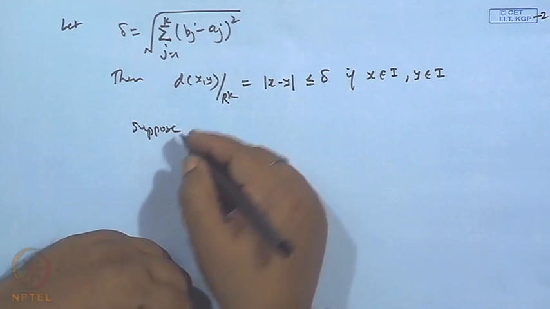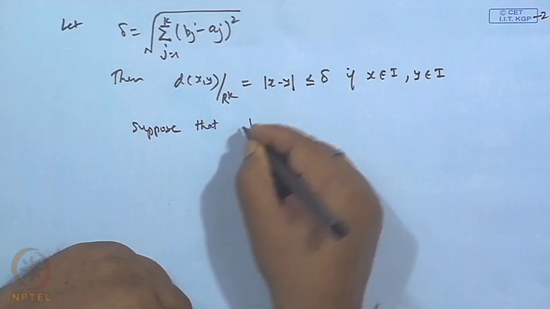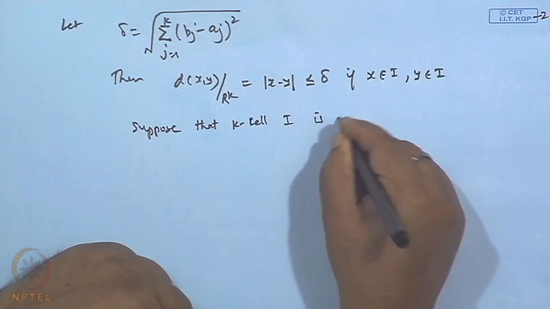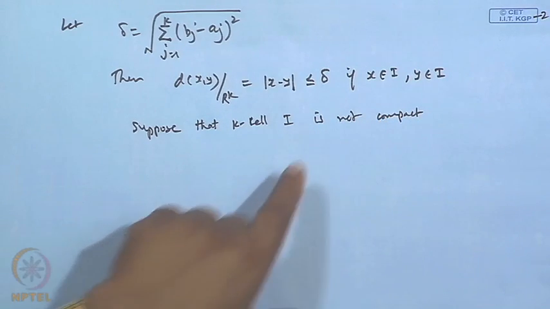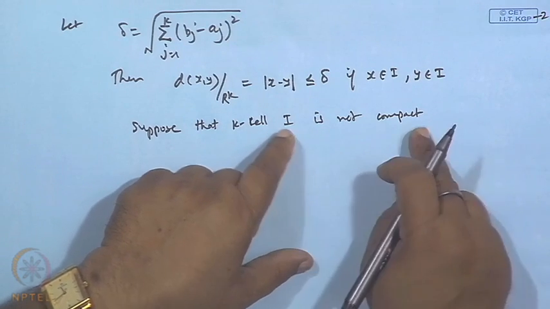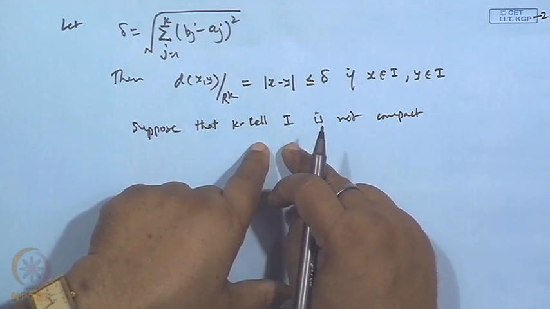Suppose that the k-cell I is not compact. It means that for any open cover I choose, it cannot have a finite subcover.